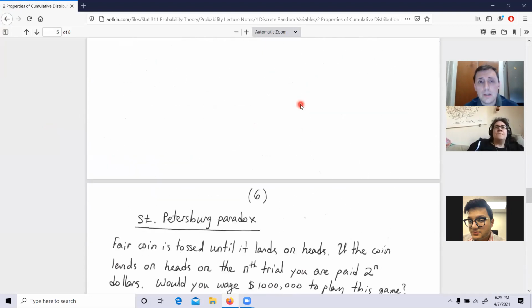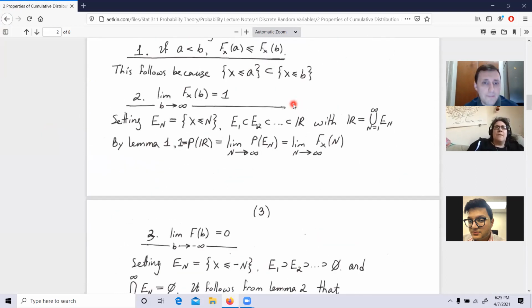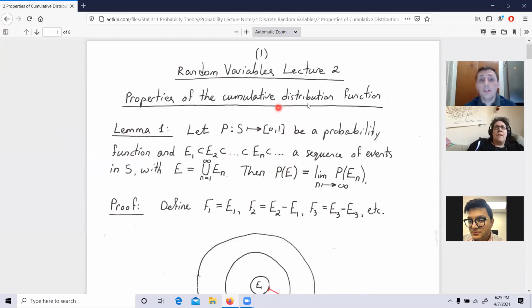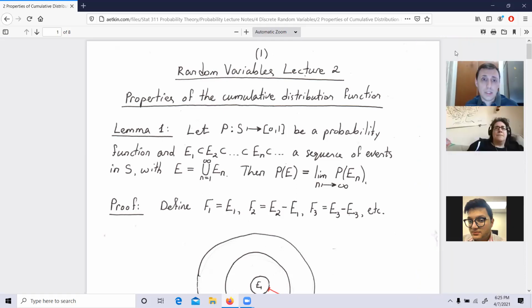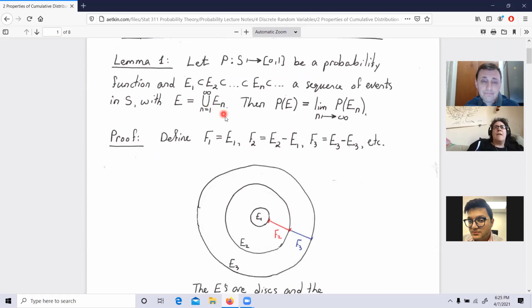Okay, so here there is a small interruption in the development of expected value ideas. Hopefully I'll go through it fast. I mean, it's a bit uninteresting. So it's properties of the cumulative distribution function, okay? So let's suppose that we take P, and P is a map from the sample space.